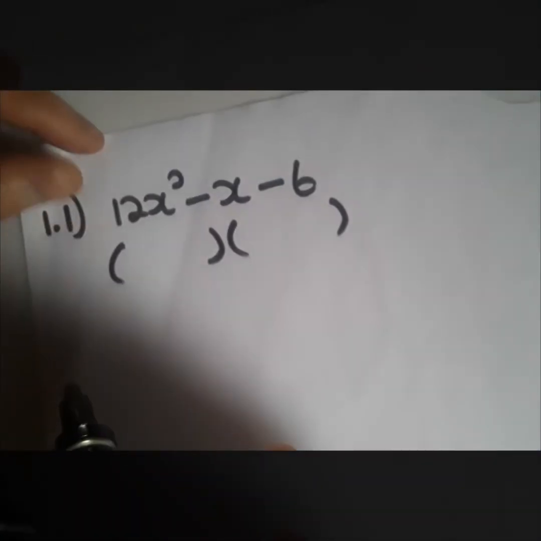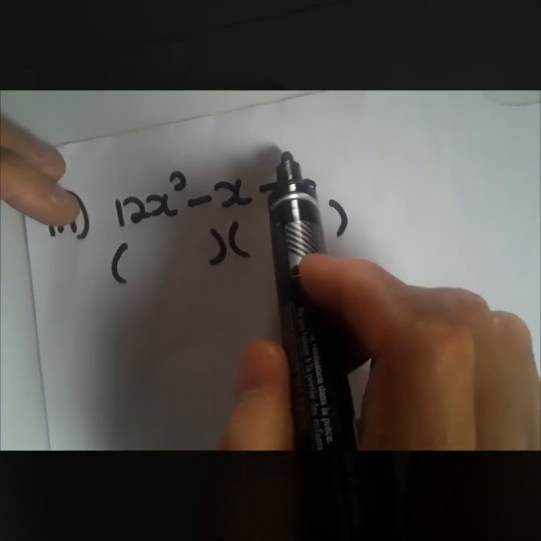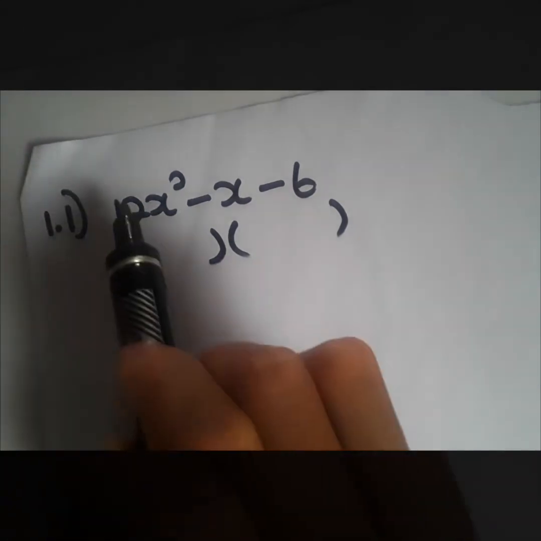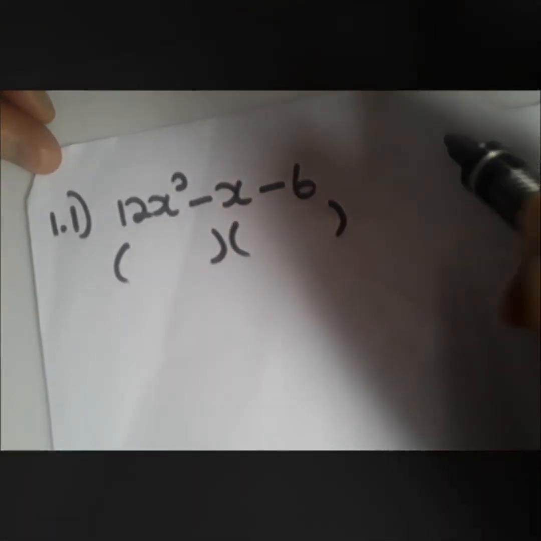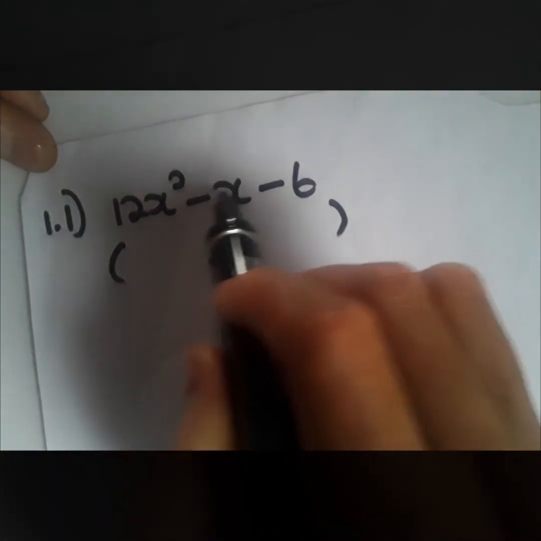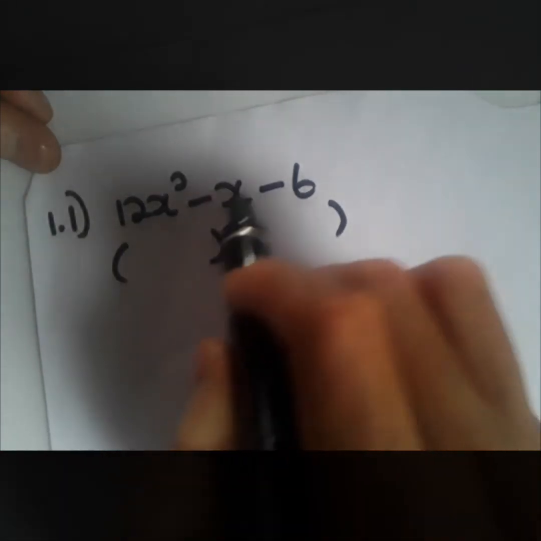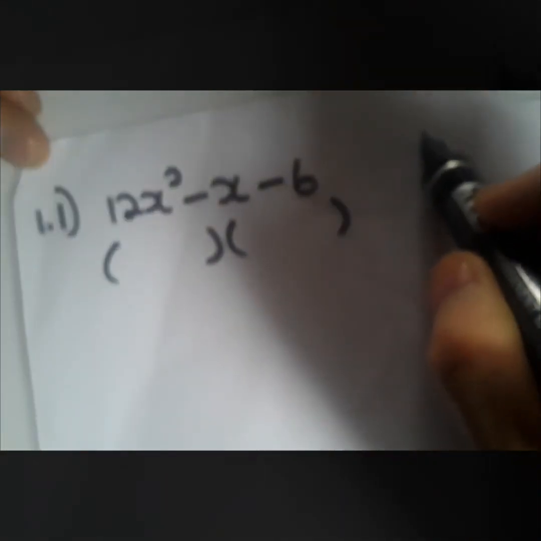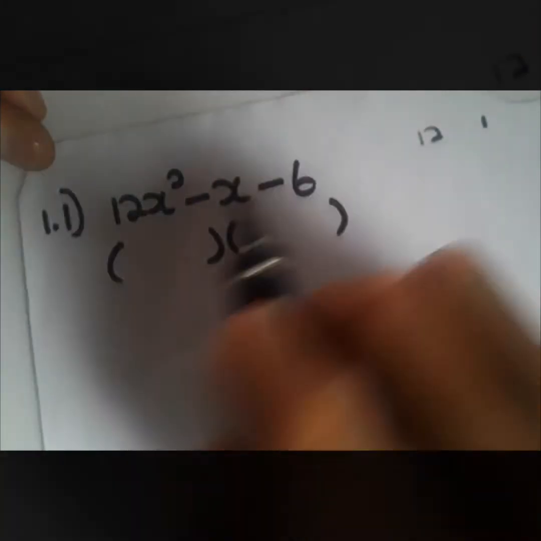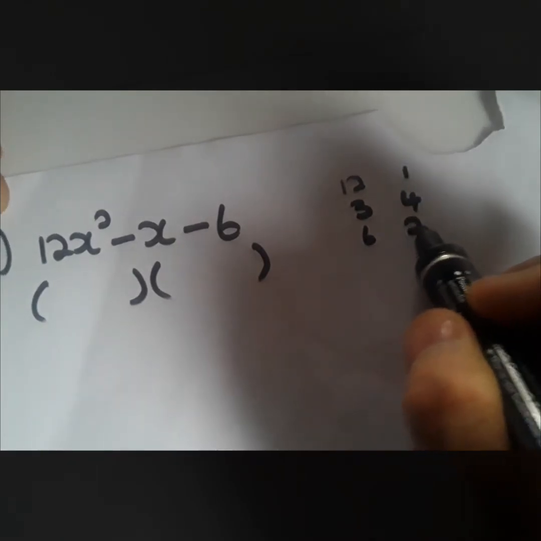Looking at the first term and the outer term, let's look for factors of the 2 terms, considering the middle term. Whatever factors you use, you must also consider the middle term. With 12, we have 12 and 1, 3 and 4, 6 and 2.